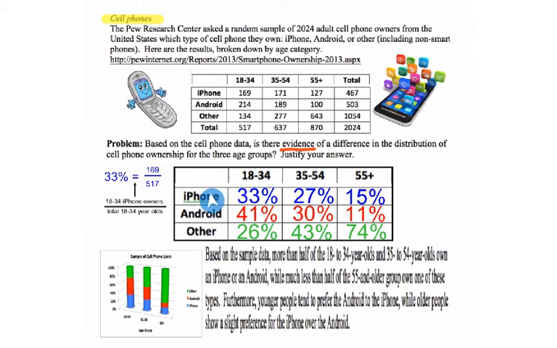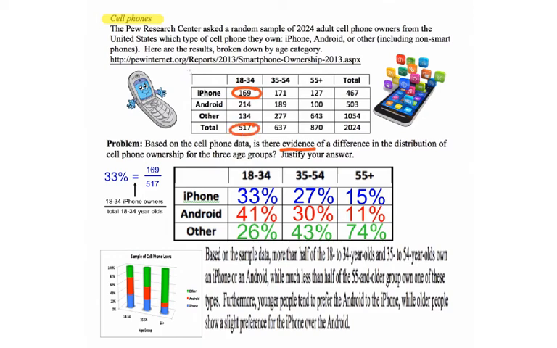If I'm going to fill in iPhone users who are 18 to 34, you can look right over here. I'm going to take all of the 18 to 34 iPhone users, which was 169, and I'm going to divide that over the total 18 to 34-year-olds from this survey. So that gets divided by 517.